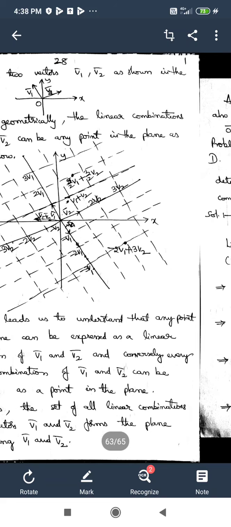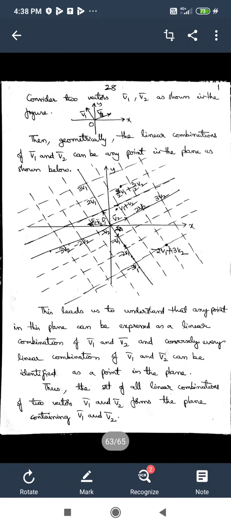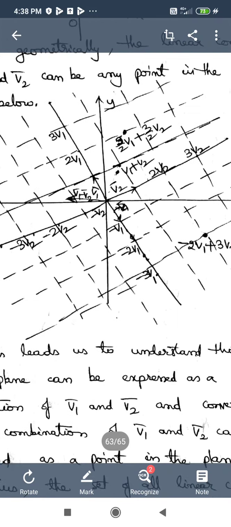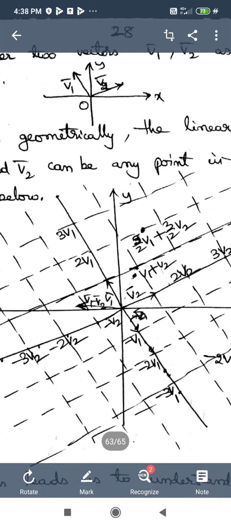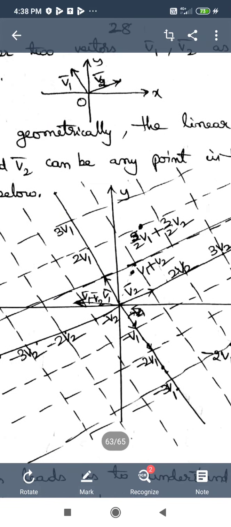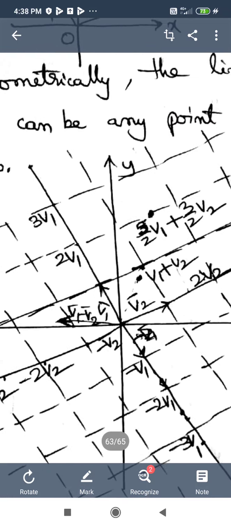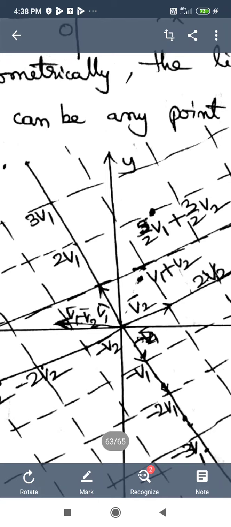And geometrically, the linear combinations of v1 bar and v2 bar can be any point in the plane as shown below. So how can it happen? Let us see. From the above figure, we have seen that v2 bar is in the first quadrant and v1 bar is in the second quadrant, like this. This arrow represents v2 bar in the first quadrant, and the arrow on the left side nearer to the positive y-axis represents v1 bar.